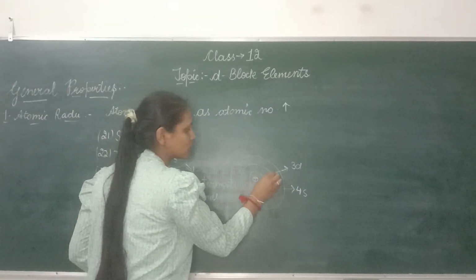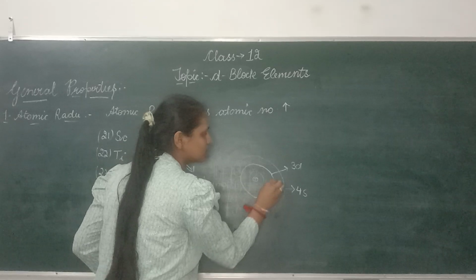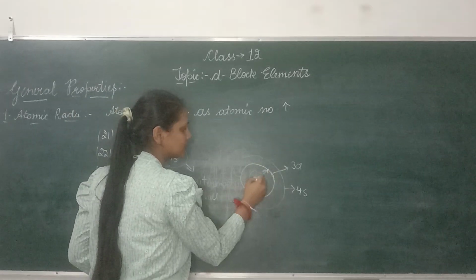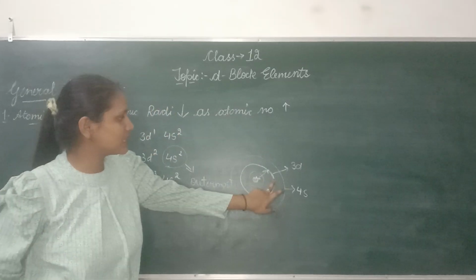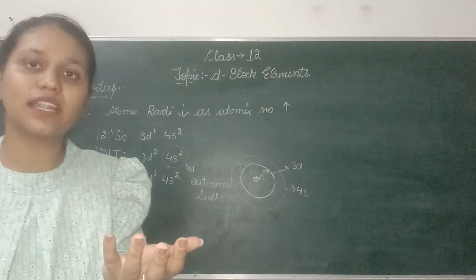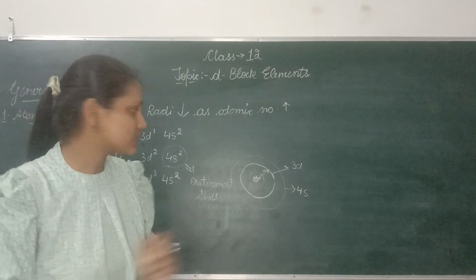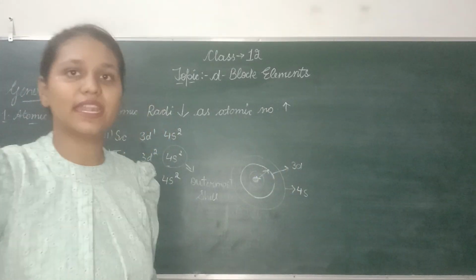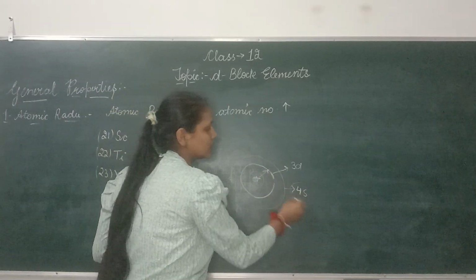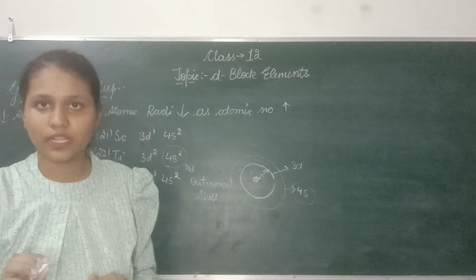Due to the electrons present in the 3d orbital, the attraction between the nucleus and the 3d subshell increases. Electrons are attracted towards the nucleus as electrons are added in the 3d subshell. So this will screen the 4s electrons.